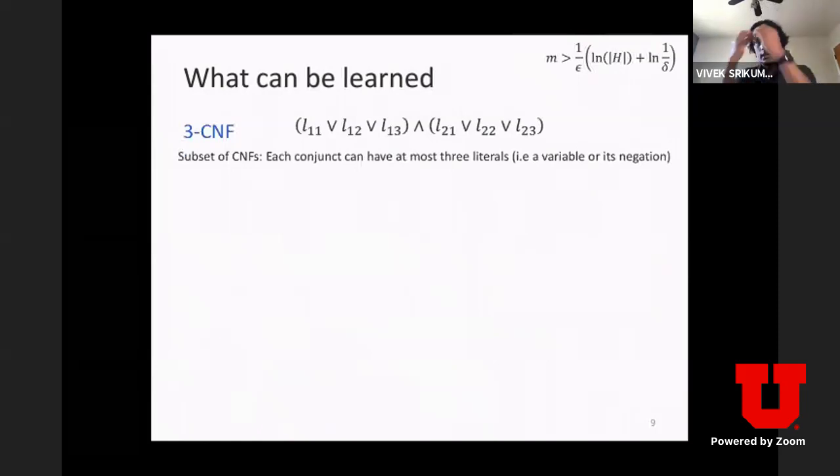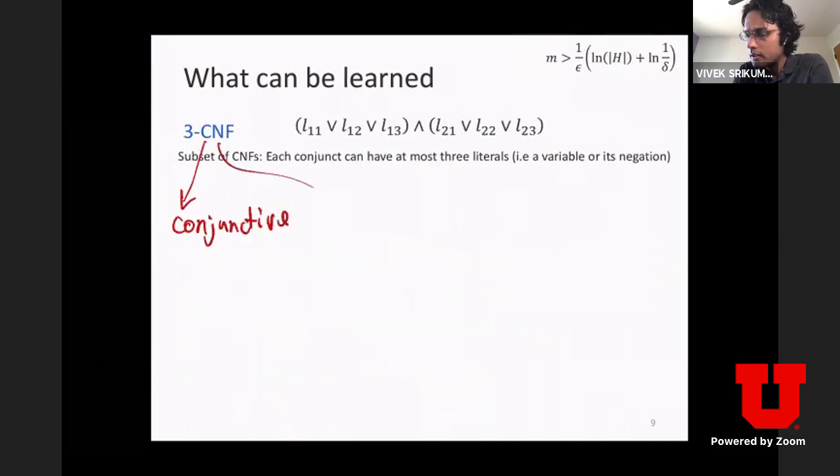Okay, so in the last lecture, before my slides abruptly disappeared, we started looking at 3CNFs. 3CNFs are functions where CNF stands for conjunctive normal form. Basically what it means is that the Boolean function is a conjunction.